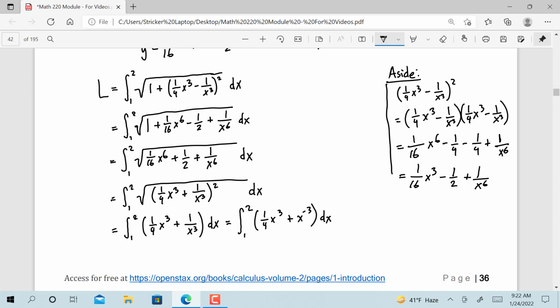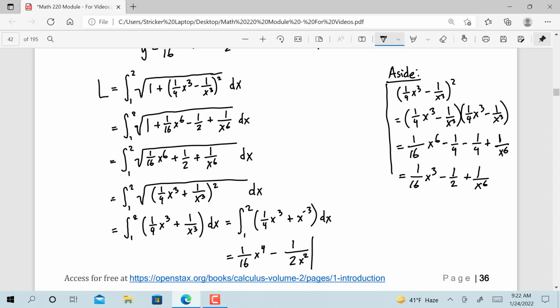And then we go ahead and integrate. And when we do that, we add 1 to the power, divide by that power, and you get 1/16 x to the 4th, and then minus 1/2, then you get x to the -2, so that's x squared on the bottom.